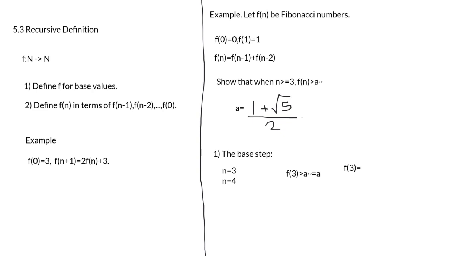If you use the recursive definition, you will see that f of 3 is 2, and this is actually greater than a, because the square root of 5 is less than 3, and (1 plus the square root of 5) divided by 2 is less than 2. So this relation is true, and we checked one of the base cases.